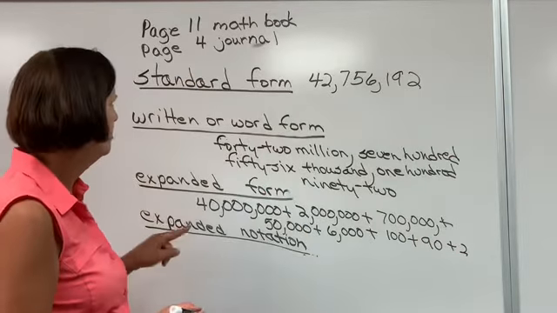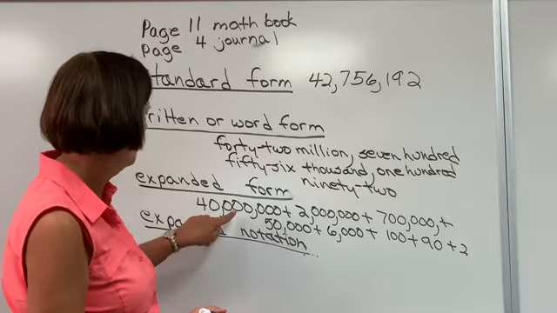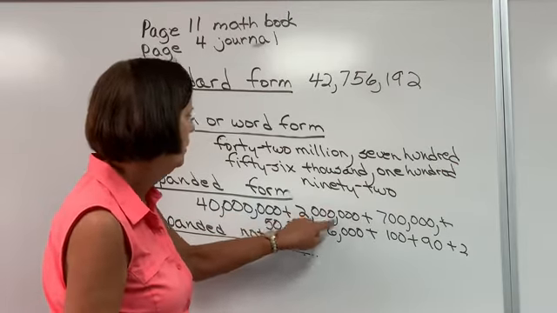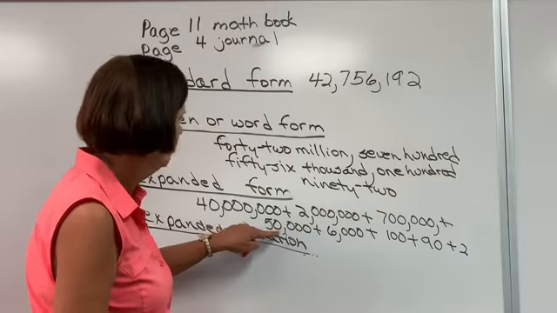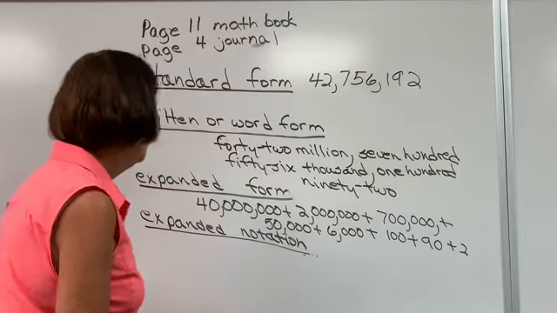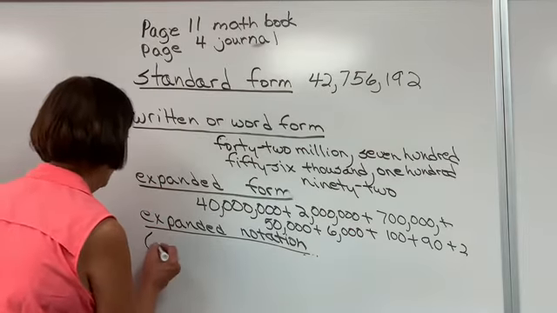And sometimes I have to be careful. Did I get the right amount of zeros in there? 40 million plus 2 million plus 700,000 plus 50,000 plus 6,000 plus 100 plus 90 plus 2. Now the parentheses one.